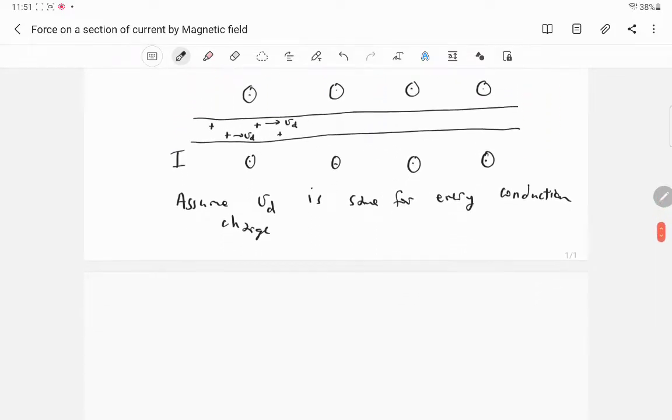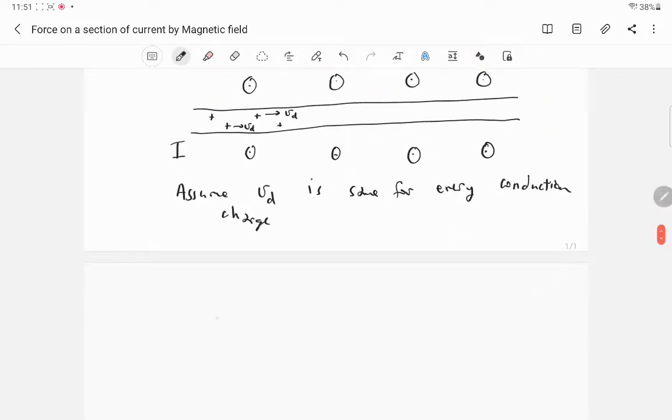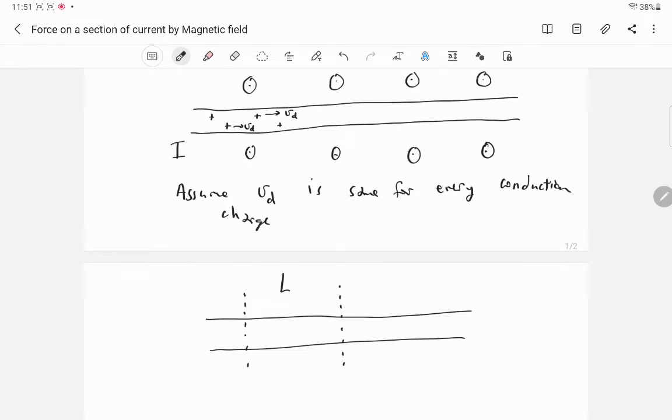So here's our problem. We have this wire, and if I imagine that there is a section of wire, say of L long, right? I'm going to have a bunch of charges in here that are each moving towards, for example, towards the right, if the current is towards the right.